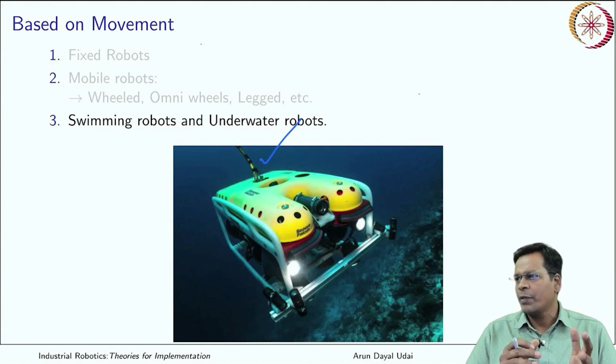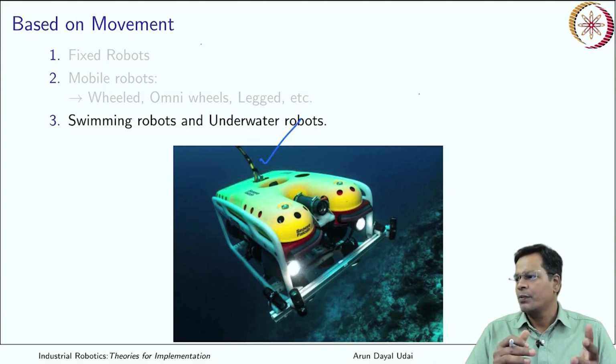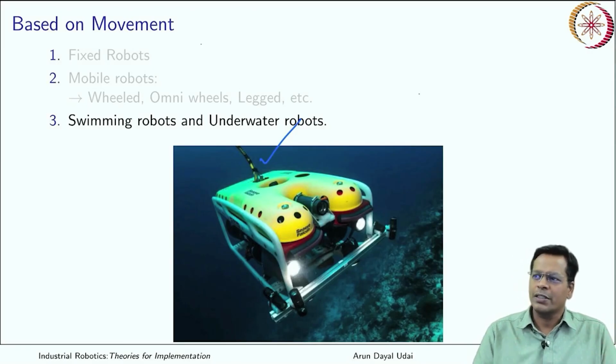So it may not fit 100% like a robot. It hardly does a few things in autonomous mode. Otherwise, it is mostly a teleoperated robot. But it is capable of going inside the water, so it fits into this particular classification.